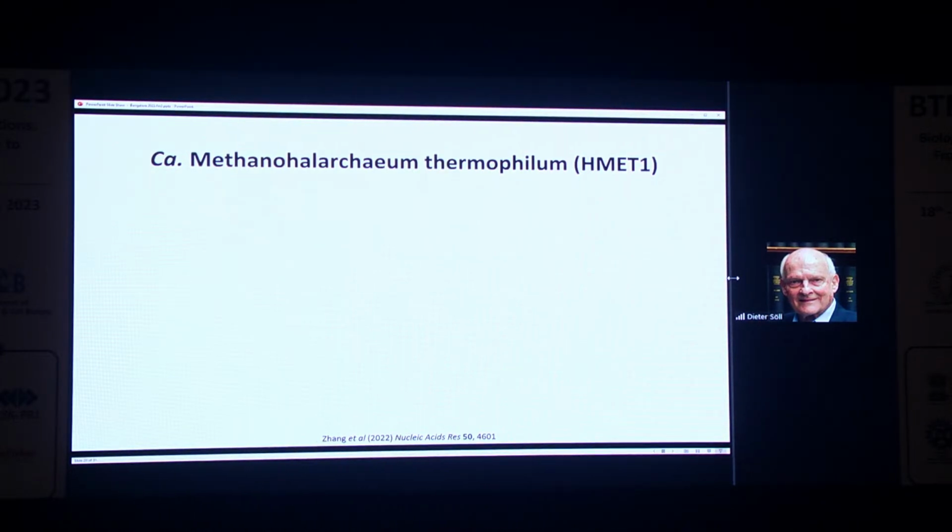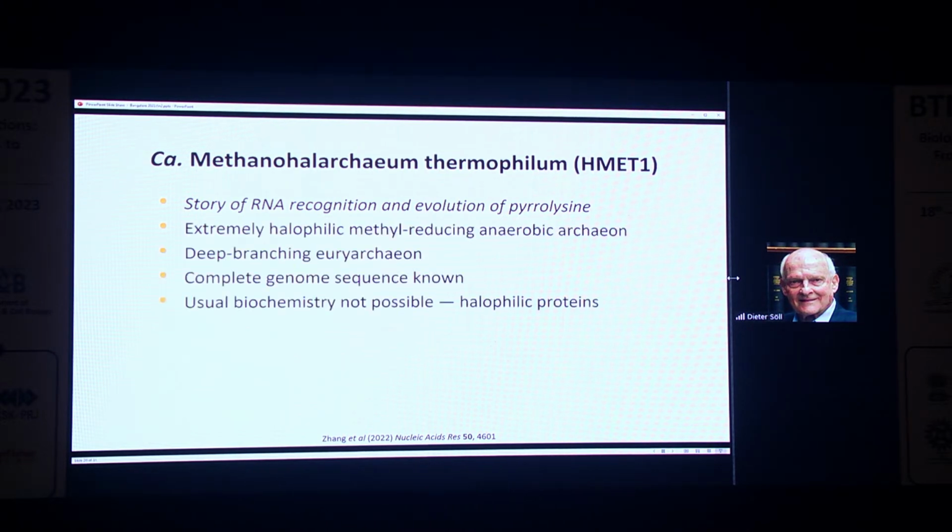I now would like to tell you something about Methanohalarchaeum thermophilum, HMET1. So this is a story of tRNA recognition and the evolution of pyrrolysine. This organism is an exceedingly halophilic, methyl-reducing anaerobic archaeon.